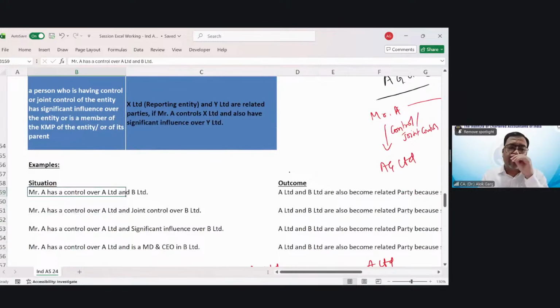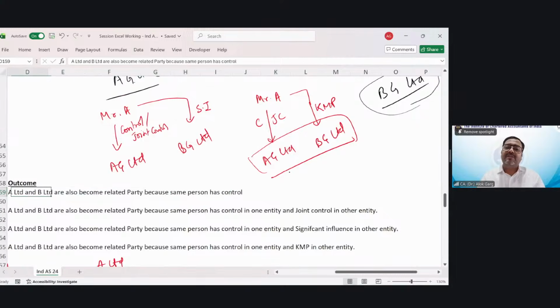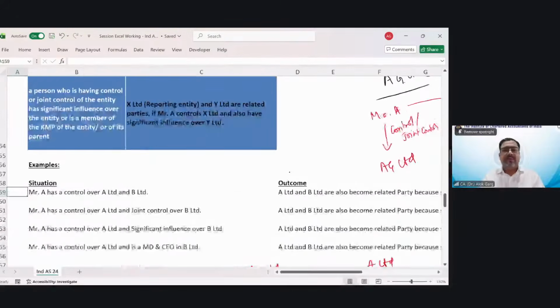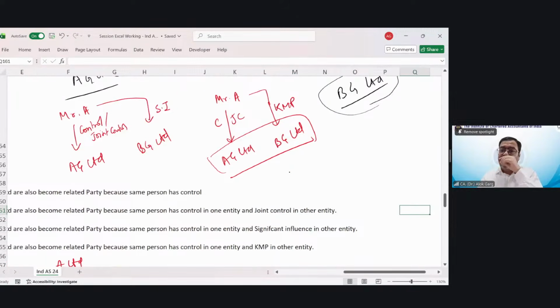Mr. A has control over A Limited and B Limited. So A Limited and B Limited also become related parties because the same person has control. Mr. A has control over A Limited and joint control over B Limited. A Limited and B Limited also become related parties because the same person has control in one entity and joint control in the other entity.